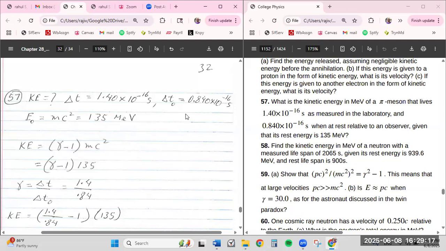So delta t naught would be 0.84 times 10 to the negative 16 seconds, which is what's measured by an observer at rest relative to the meson. And therefore delta t is 1.4 times 10 to the negative 16 seconds. It's measured in the lab, and presumably the pi meson is moving in the lab.